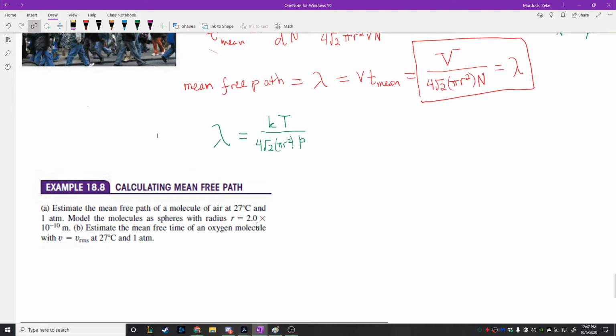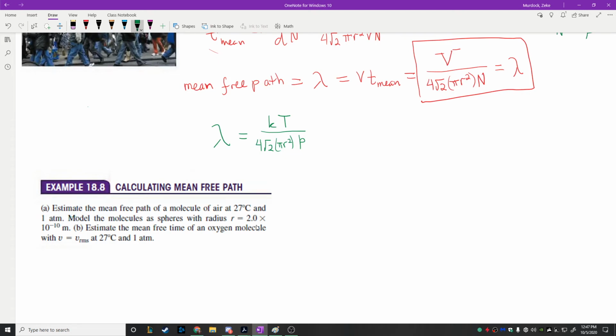All right. Estimate the mean free path of a molecule of air at 27 degrees Celsius and 1 atmosphere. Model the molecules as spheres with a radius of 2 times 10 to the negative 10 meters. Estimate the mean free time of an oxygen molecule with a velocity of Vrms at 27 degrees Celsius and 1 atmosphere.